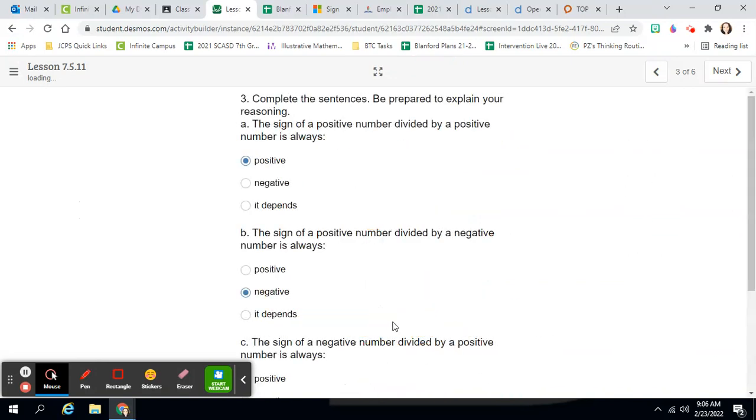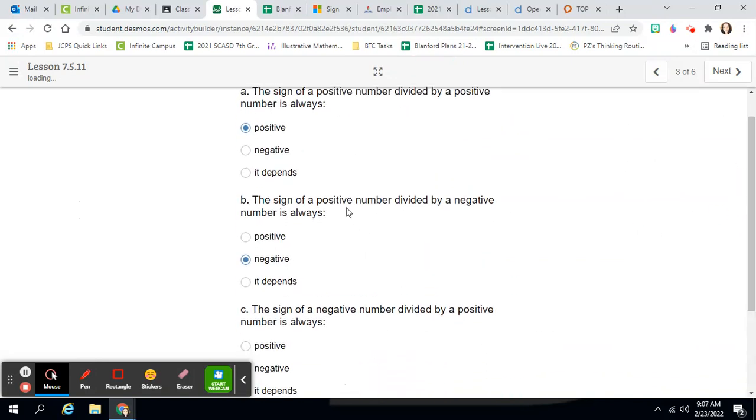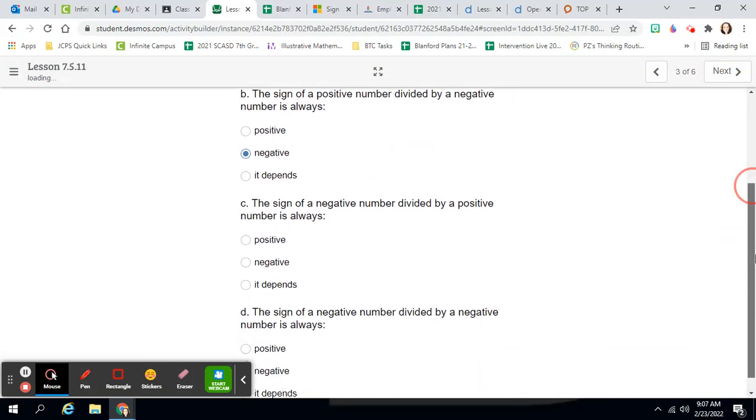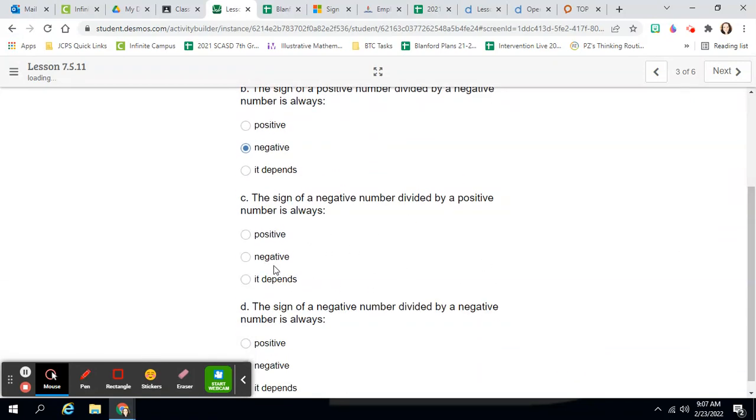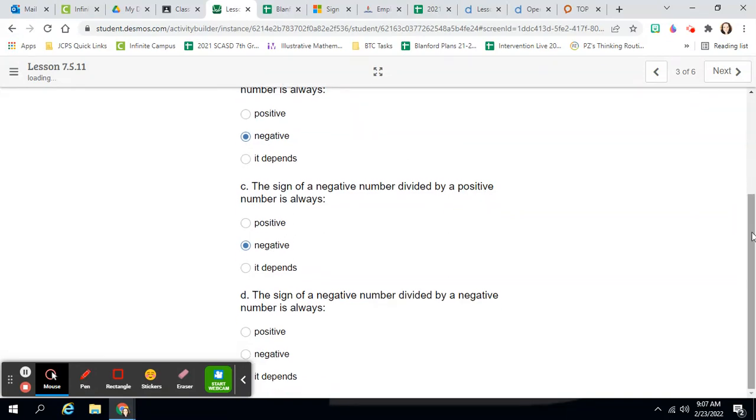So no matter what, if you are dividing a positive and a negative or a negative and a positive, the answer is always going to have to be negative, right? Because if you're multiplying by a positive and you want a negative answer in multiplication, you have to multiply by a negative.